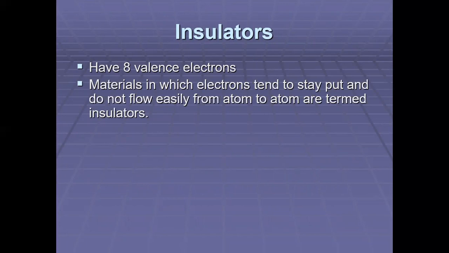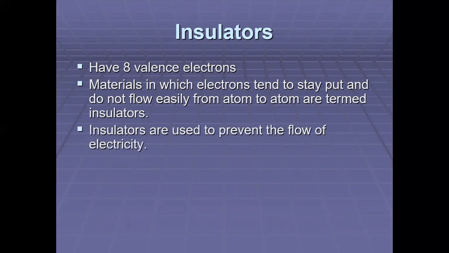That's why materials in which electrons tend to stay put and do not flow easily from atom to atom are known as insulators. Insulators have very high resistivity, unlike conductors, and prevent the flow of electricity. Since resistivity is very high, they resist the flow of electrons.